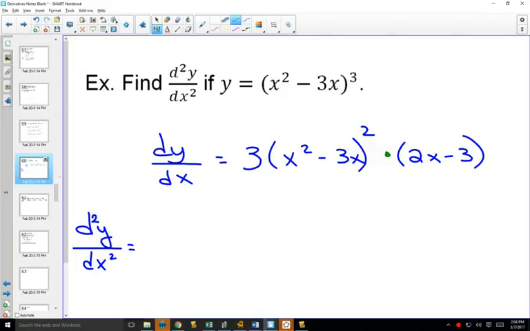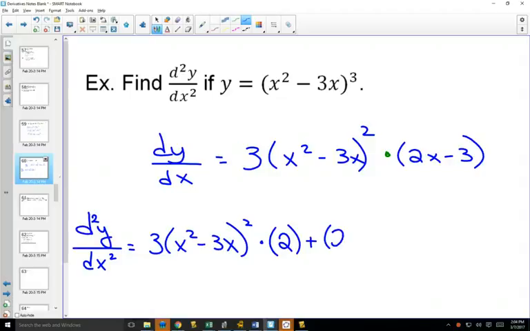So how do we do the product rule? We keep one the same. So let's keep the first one the same, multiply by the derivative of the second one. The derivative of the second one is just 2. Plus, keep the second one the same, multiply by the derivative of the first one.